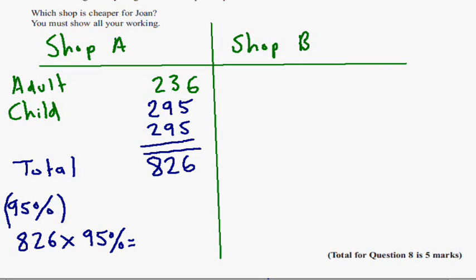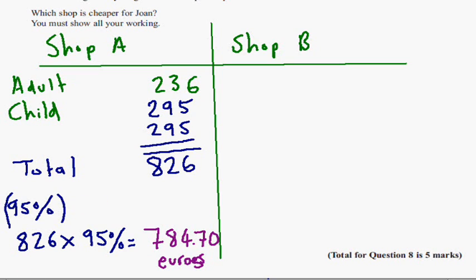So for shop A, Joan would have to pay 784.70 euros. Okay, now we've got to do the same thing for shop B.